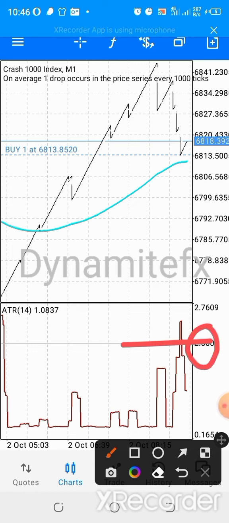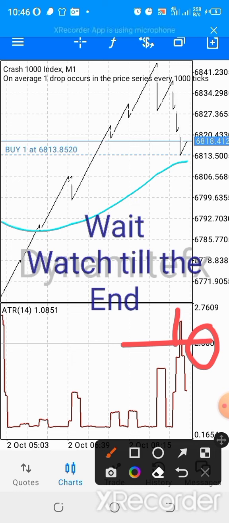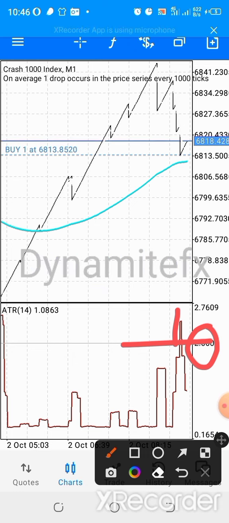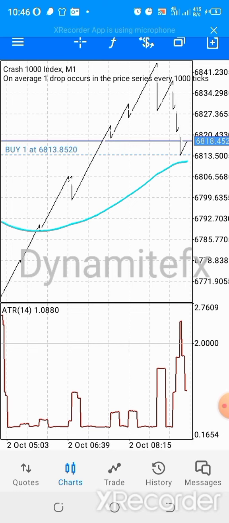Make sure that price spikes above it, and every time price spikes above it, it is time to buy. Please just go for 6 candles only. Right now, this is the 2nd of October. This is the first spike I am seeing for today.